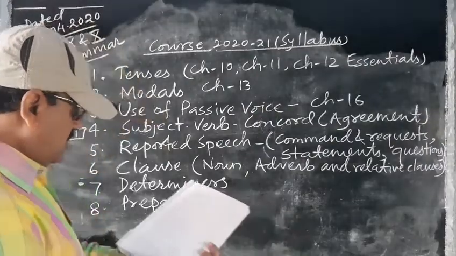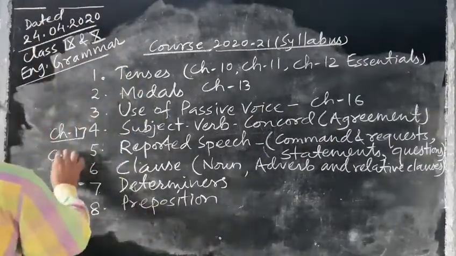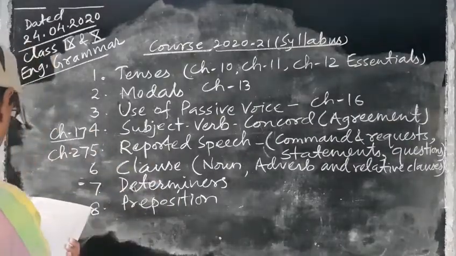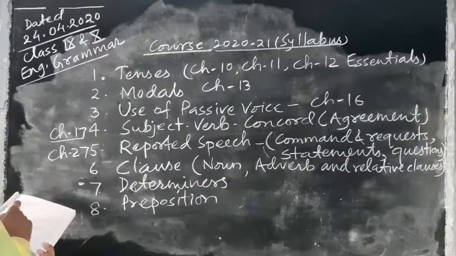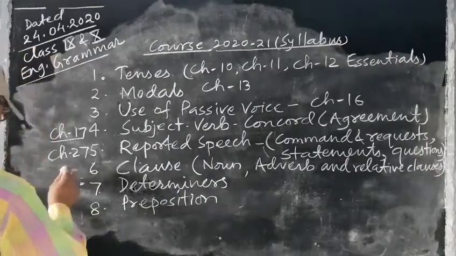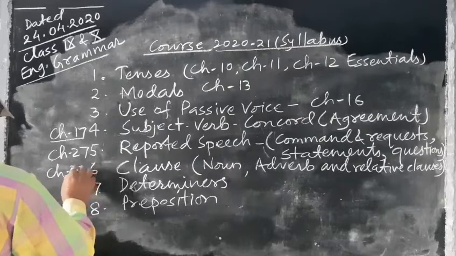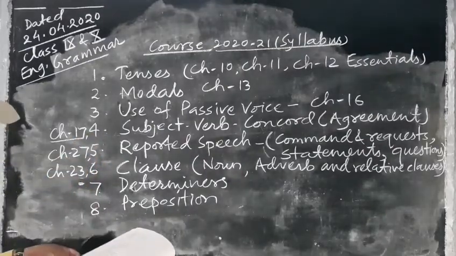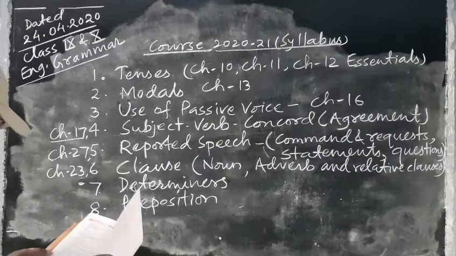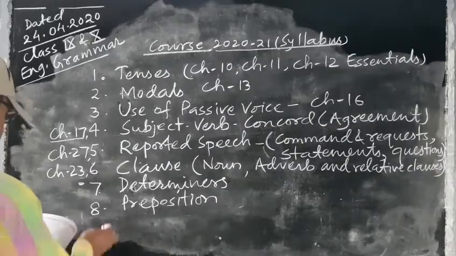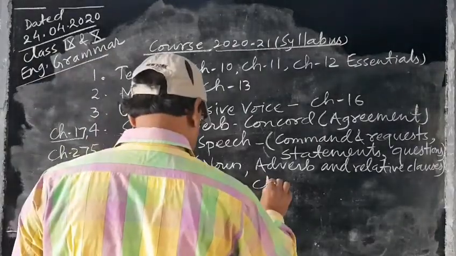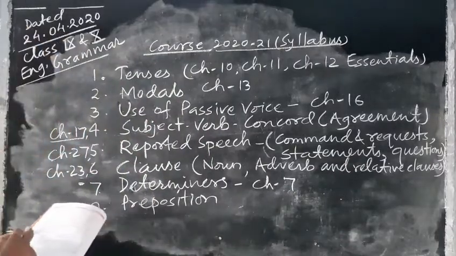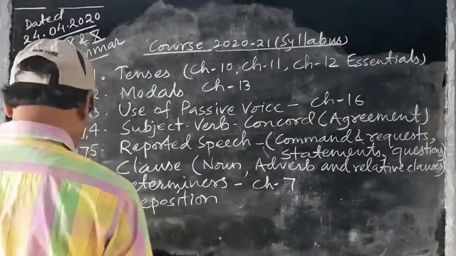After that, direct and indirect narration, reported speech, is chapter 27 in this Essentials book, and after that clauses, chapter 23, and then we will check determiners, which is chapter 7 in Essentials of English Grammar and Composition.